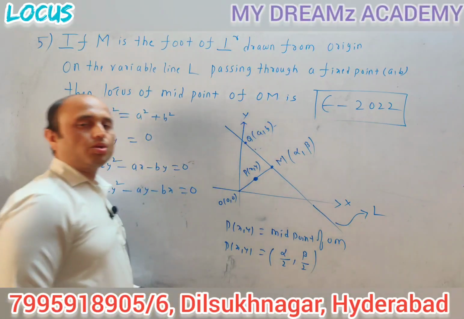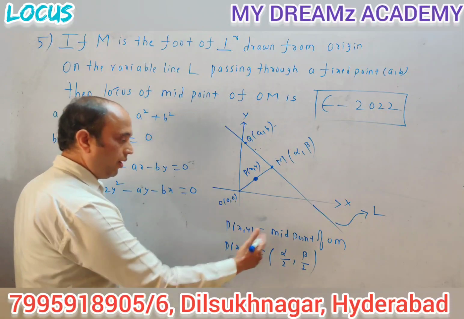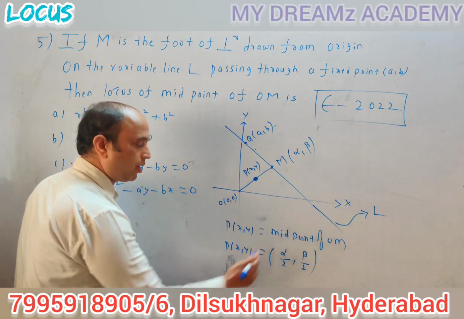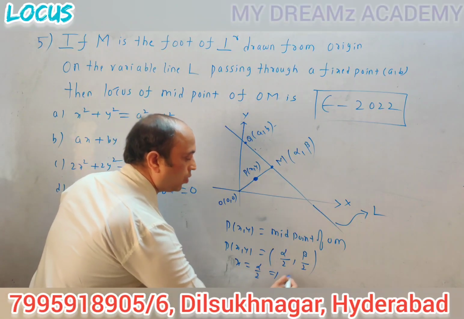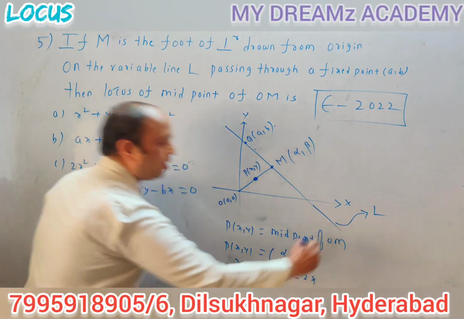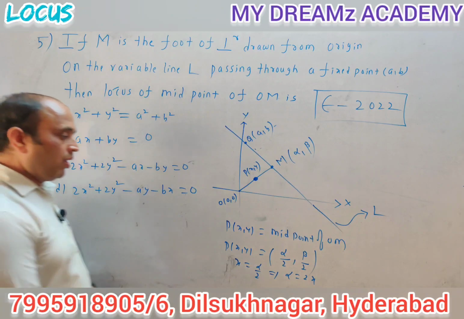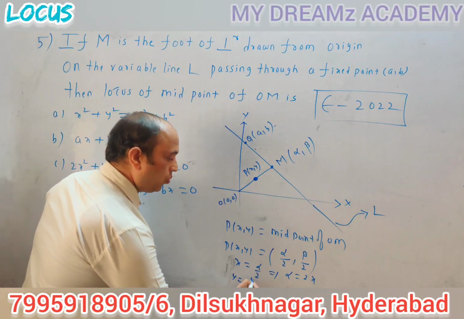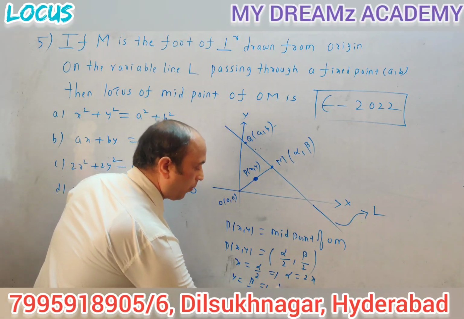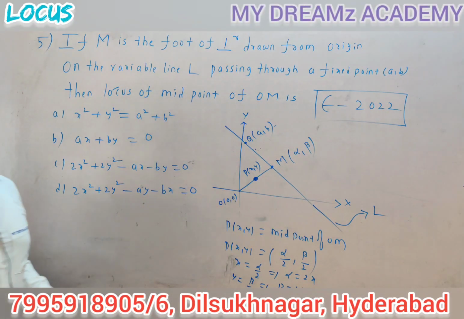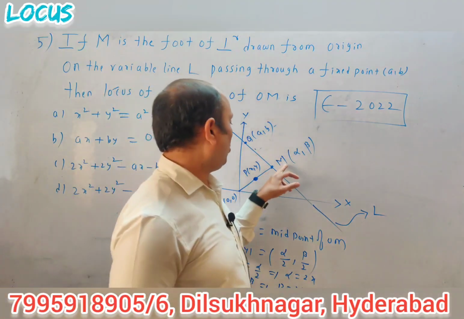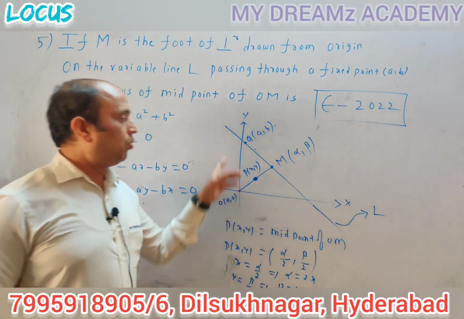So this is a relation between x comma y and alpha comma beta. Suppose x is equal to alpha by 2, so alpha is equal to 2x. y is equal to beta by 2, this implies beta equal to 2y. These are the values.